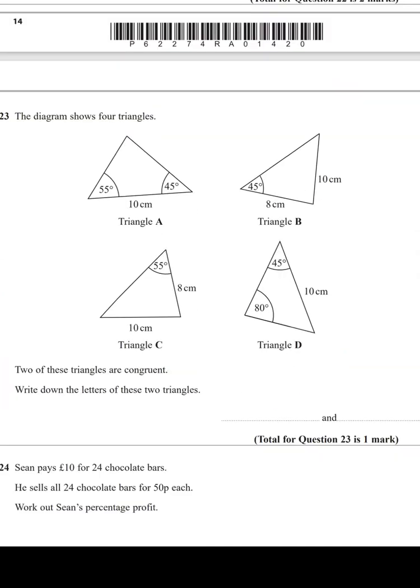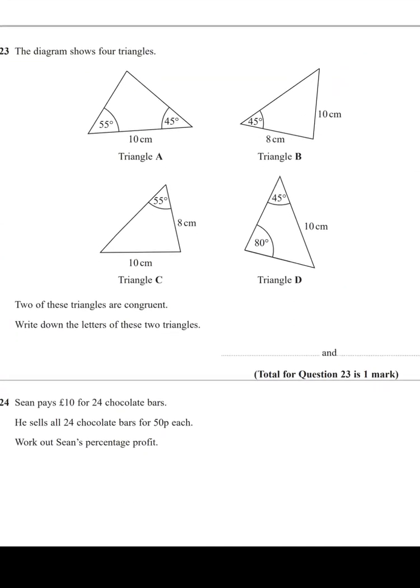Okay, so question 23. 2 of these triangles are congruent. Write down the letters of the 2 triangles. Well, congruent means they're identical. So let's actually have a look at what we've got here. So the missing side, well, what can we do? Let's fill in some angles.